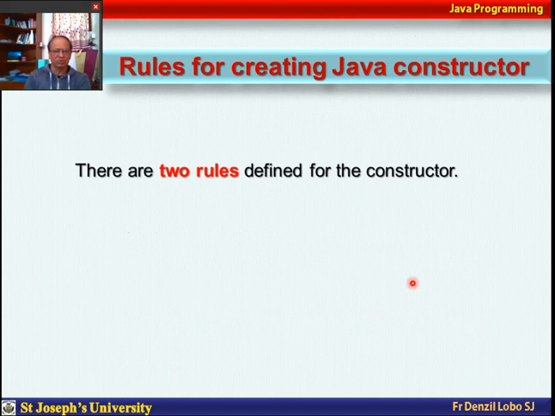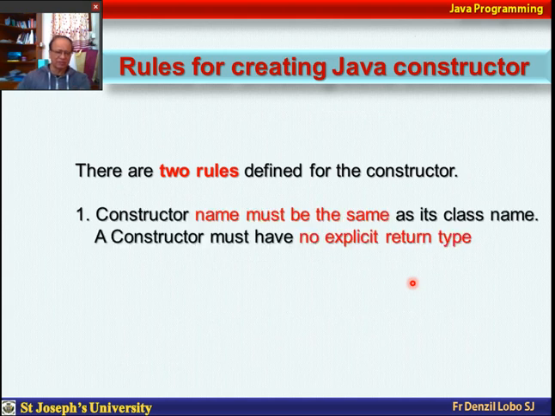So this is theory. Now we will get into practical and understand how a constructor is created. Let us go through the rules for creating a Java constructor. There are two rules to define a constructor. First, the constructor name must be the same as its class name. As you know, we have always started with the class and given the class name, and then the variables and the methods. In the case of a constructor, the name of the class and the constructor has to be the same.